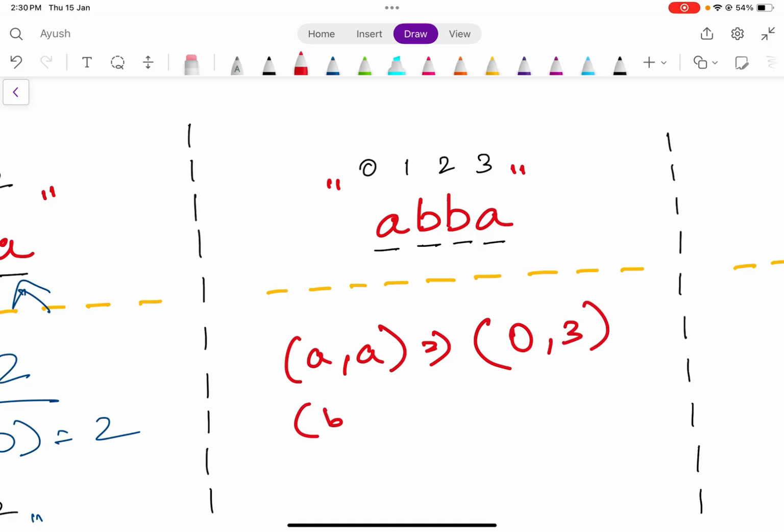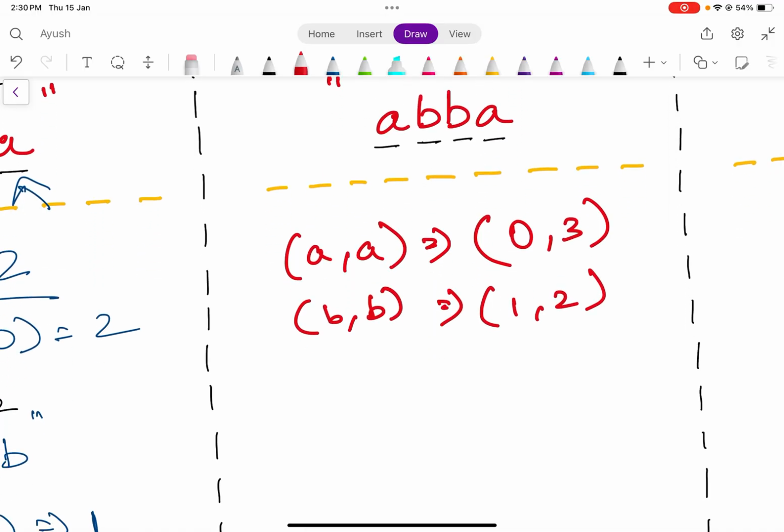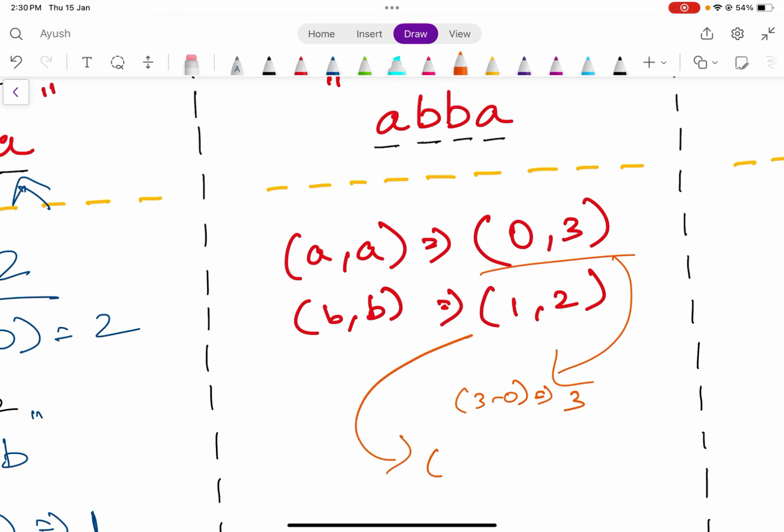Another is B and B at indices 1 and 2. Let's see the differences between them first. The first gives us 3 minus 0, which is 3, and the second gives us 2 minus 1, which equals 1. The given string already satisfies the condition, so we don't have to do anything else and can just skip this string.